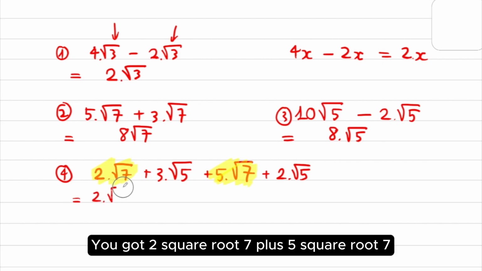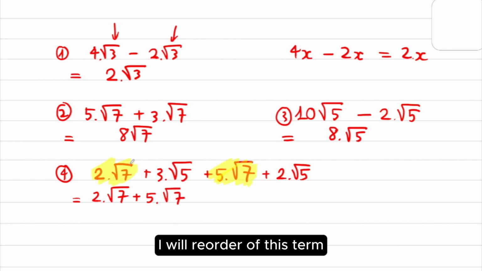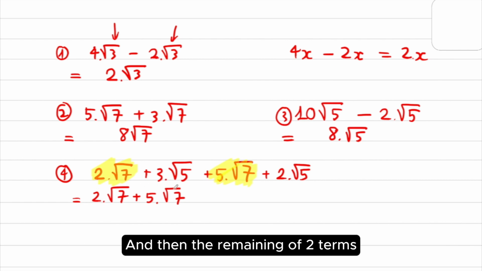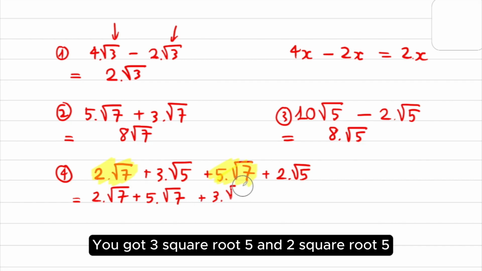You got 2 square root 7 plus 5 square root 7. I will reorder the terms so they stand next to each other. And then the remaining two terms, you got 3 square root 5 and 2 square root 5.